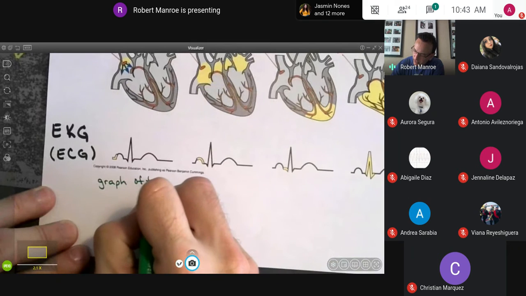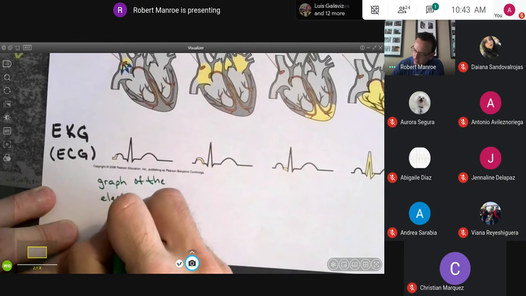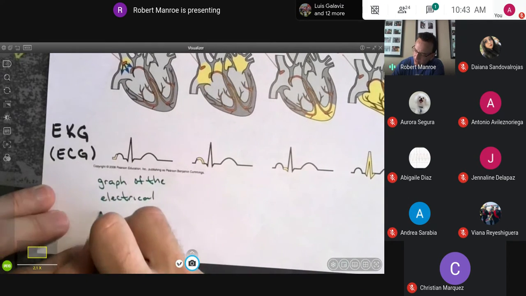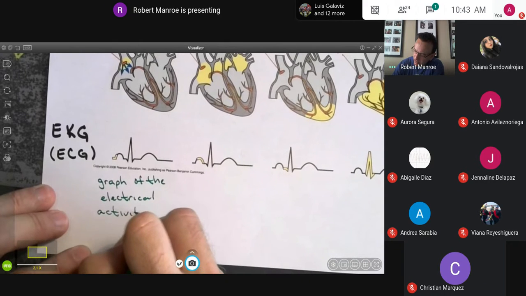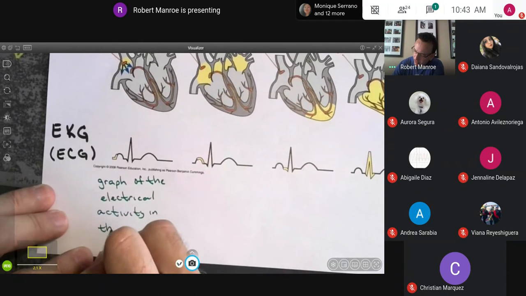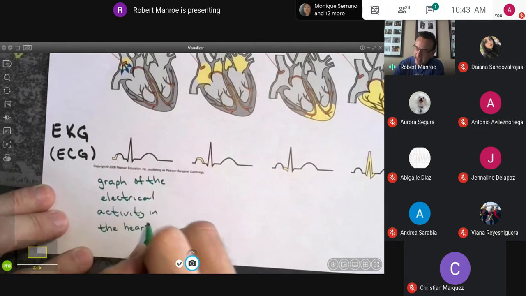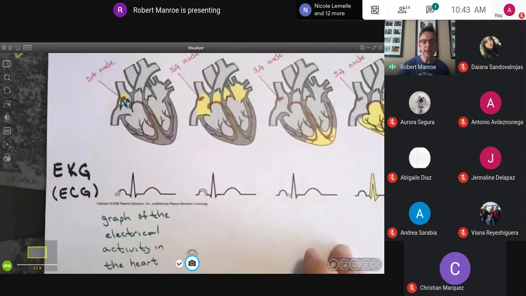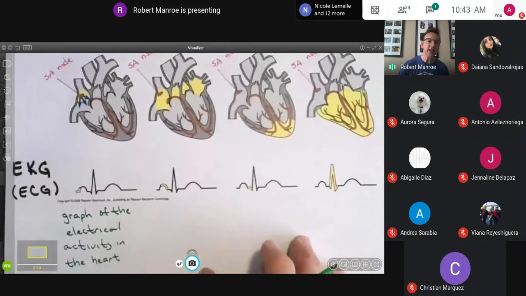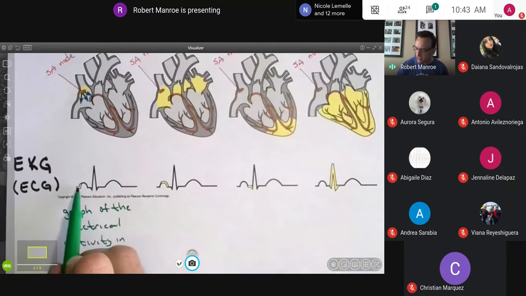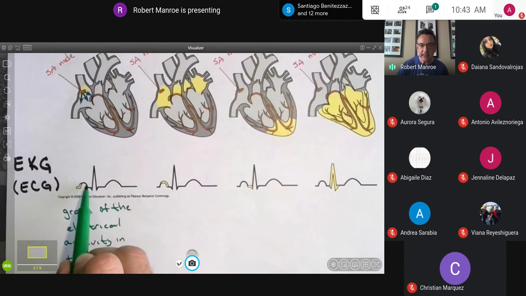So when the SA node depolarizes and sends out an impulse, that's what this first hump is here. This is the SA node's impulse going out.